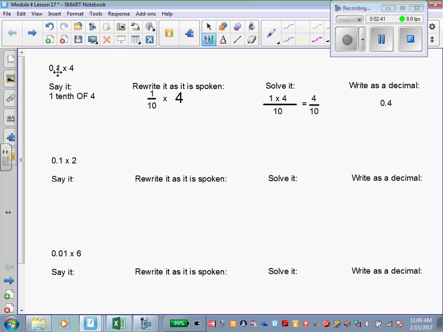And then we solve it. 1 times 4 over 10, which is equal to 4/10. 4/10, and then 4/10 as a decimal. If we look at our template sheet and we put a 4 in that tenths place, then we would write it as 0.4. So everybody follow this first problem?